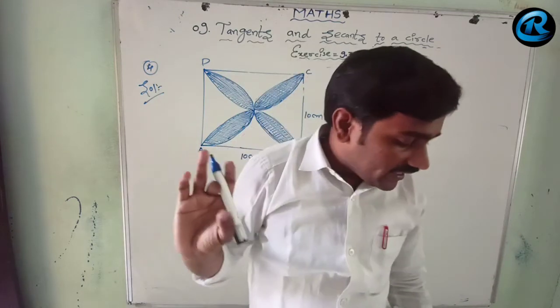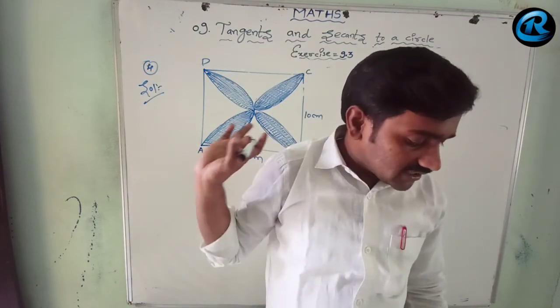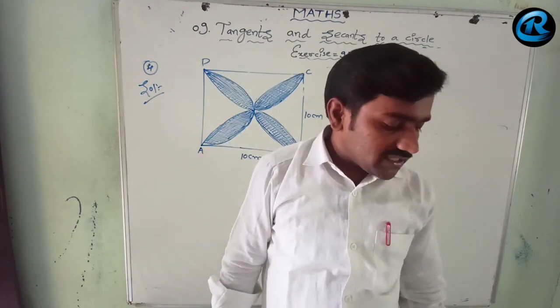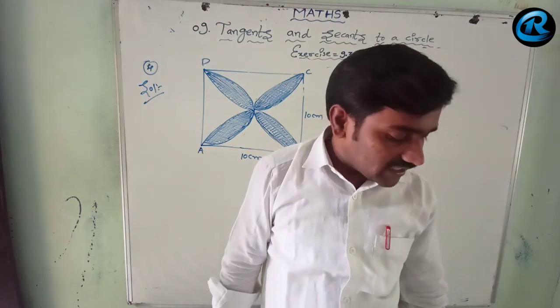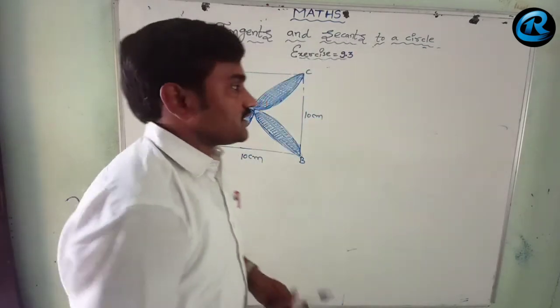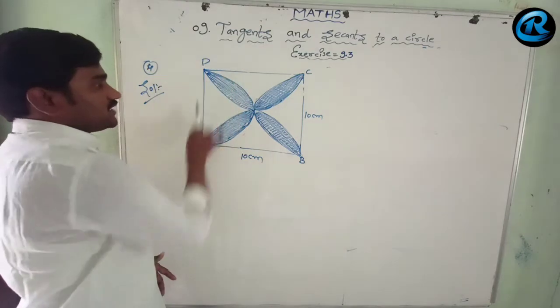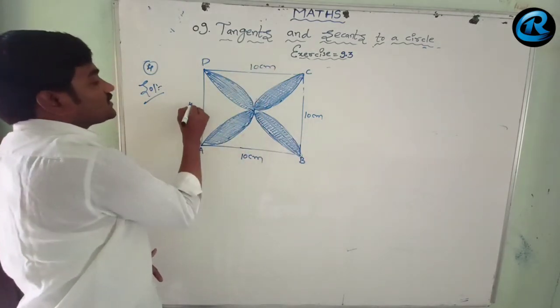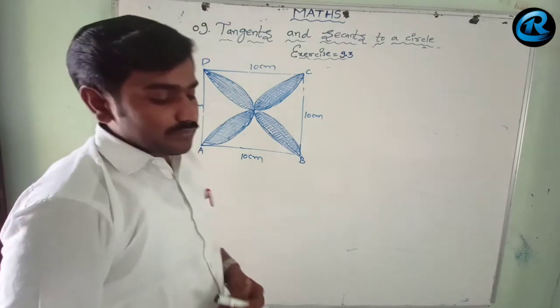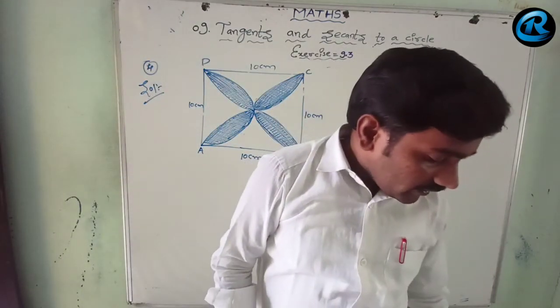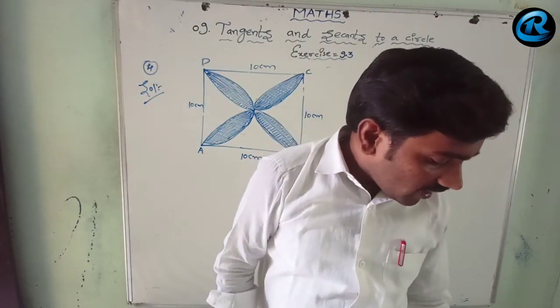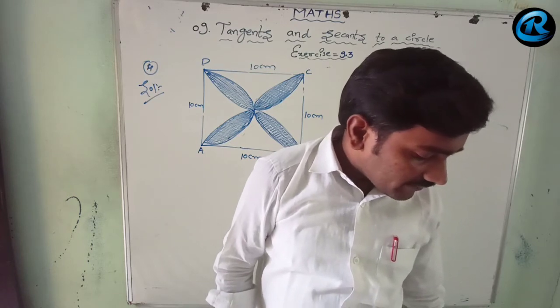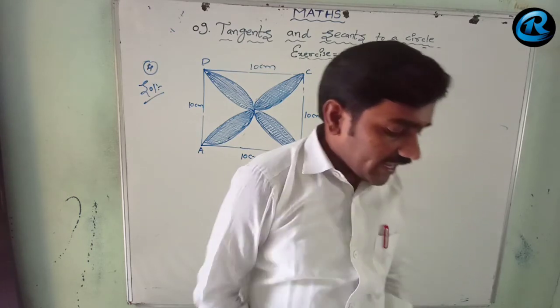Find the area of the shaded region in the adjacent figure, where ABCD is a square with side 10 cm. Here we can see a square ABCD with sides of 10 cm each. Then semicircles are drawn with each side of the square as a diameter.